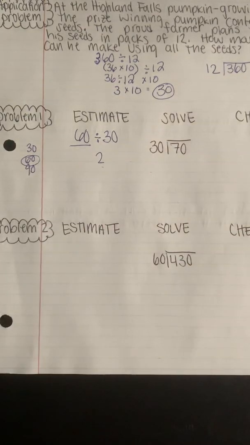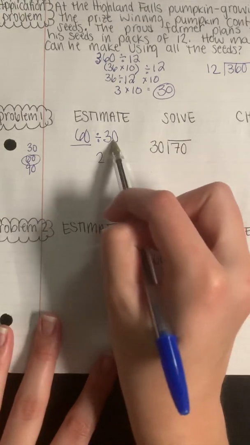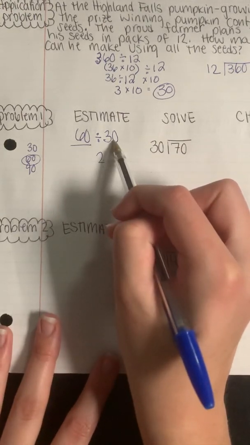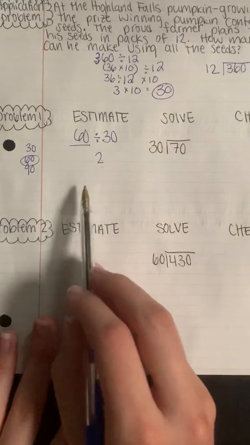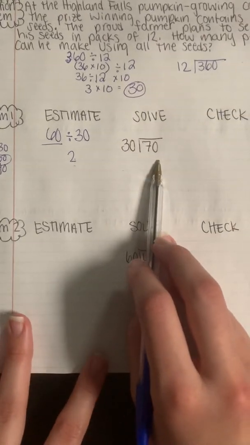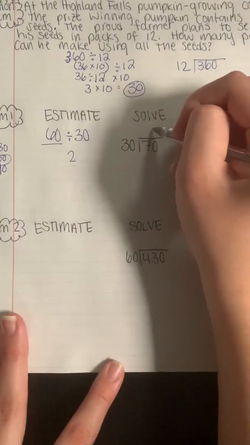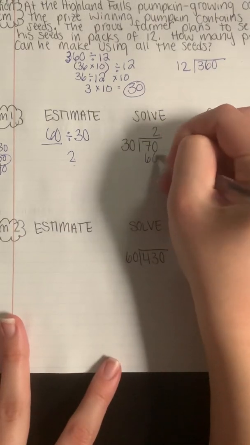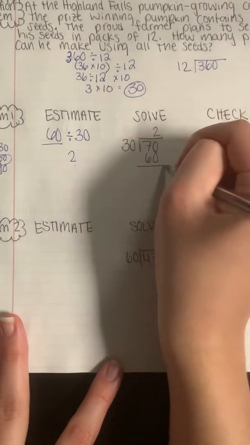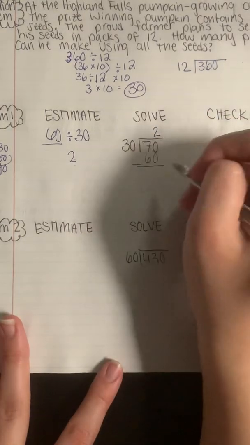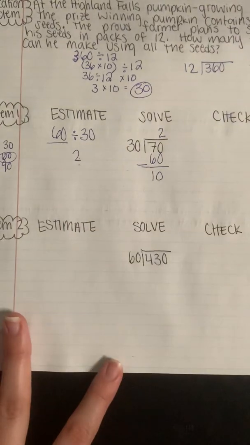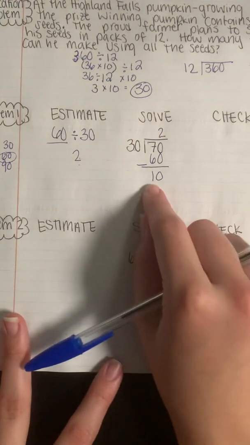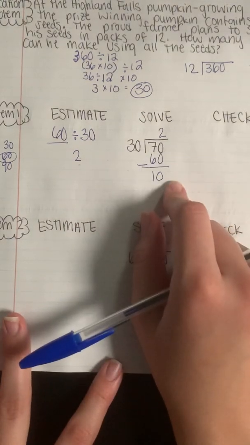Which means that I should be able to distribute 2 times 30. So in our standard algorithm, we should be able to see that here. 2 times 30 is 60, and we subtract that and get 10. I don't have any other numbers to bring down.